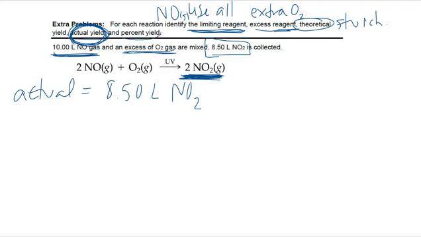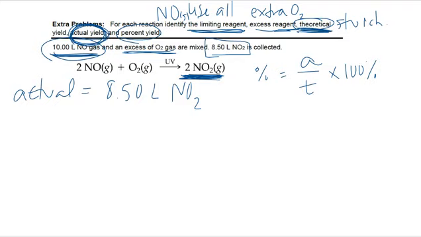And then remember to find our percent yield, our percent yield is actual divided by theoretical and then times 100. So in order to find this, we need to find our theoretical yield. So we're given liters of NO gas.